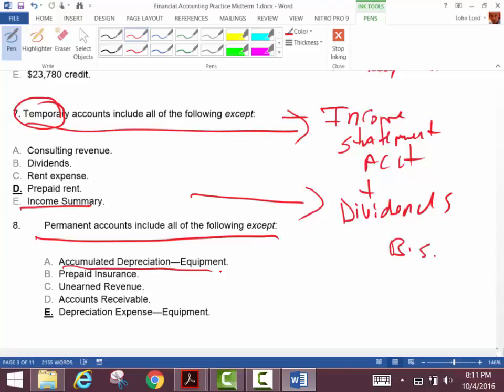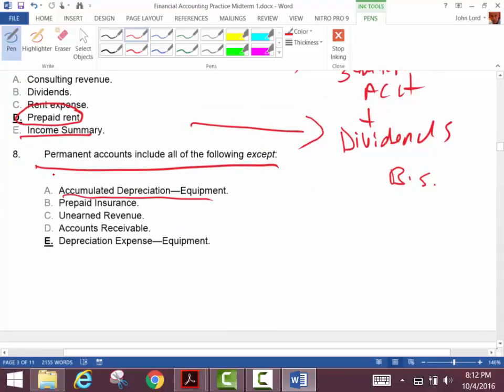My cash, whatever's in my wallet when I go to sleep at night, the next morning it's in there, so that makes it a permanent account. Prepaid rent is an asset, a balance sheet account, so it's not considered temporary. Depreciation expense is a temporary account. It's an expense. It goes back to zero, right?